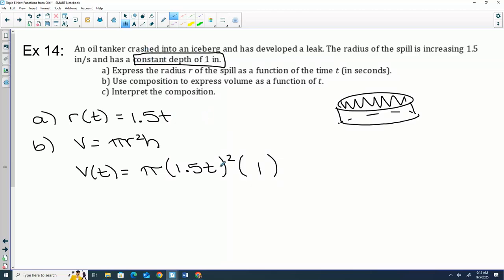It's not changing, so we don't need a variable. All right, so now we just simplify. What's 1.5 squared? 2.25. We have our pi t squared.